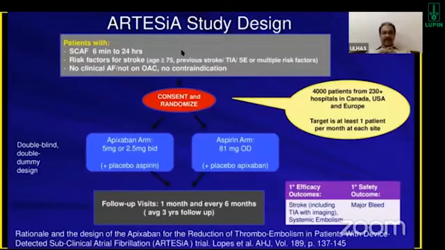And we have got two agents here, the edoxaban and apixaban. Presently, we don't have edoxaban in the country. So we might be helped more with the ARTESIA study in the future, whose results are also going to be available, if not by the next year end, maybe 1.5 years to 2 years later.